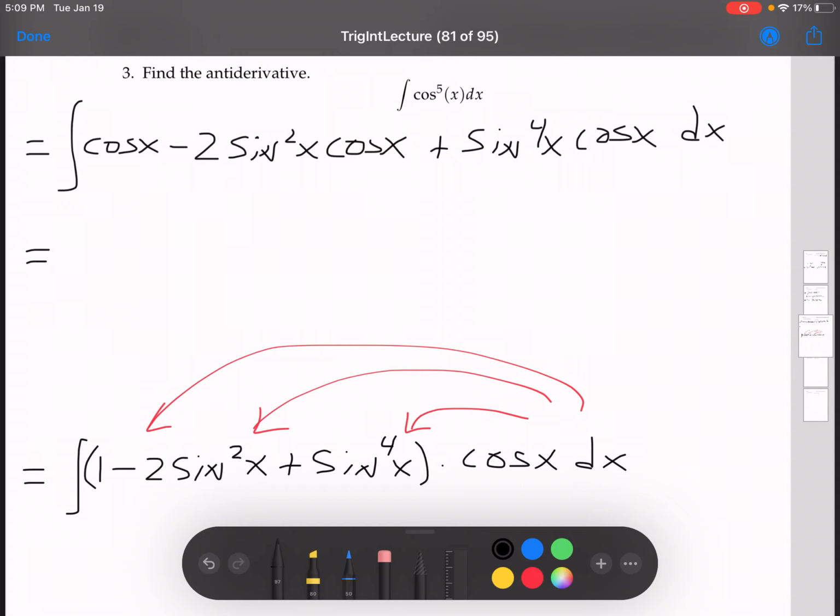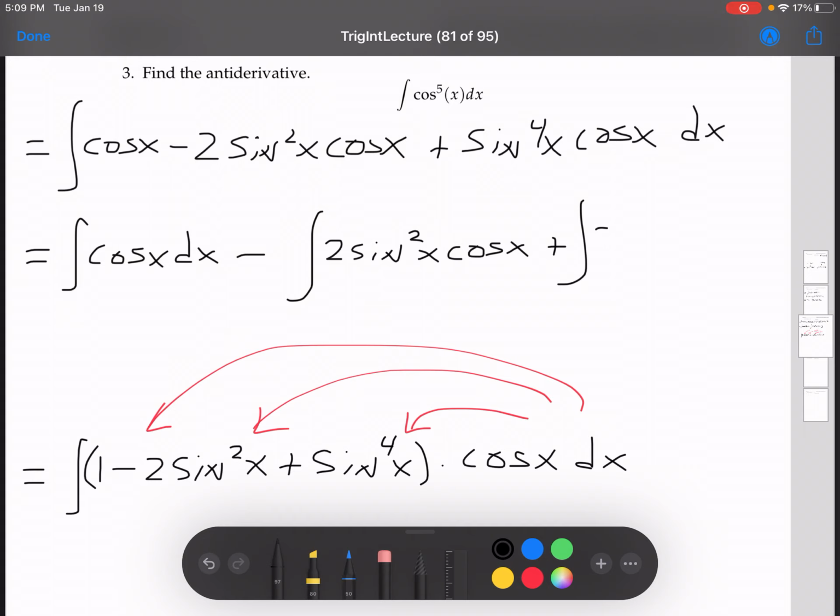But to make this a little more clear, I'm going to split up the integral over the minus and the plus to make this into the integral of cosine x dx minus the integral of 2 sine squared x cosine x plus the integral of sine to the 4th x cosine x dx.